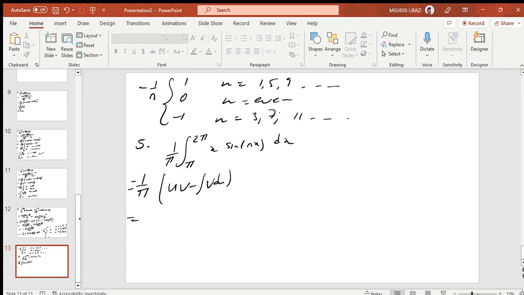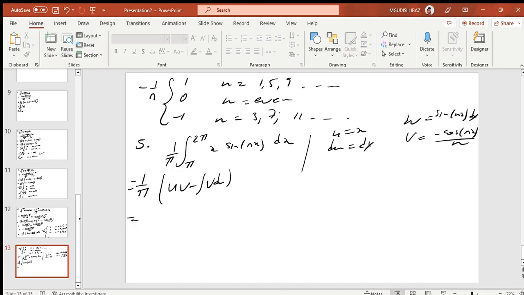Let our u be equal to x, and then our du should be dx, and we can let our dv be sine of nx dx, so that our v would be negative cosine of nx divided by n, when we integrate that.